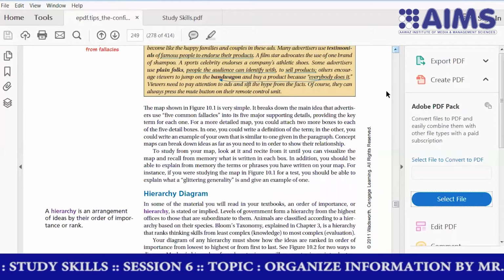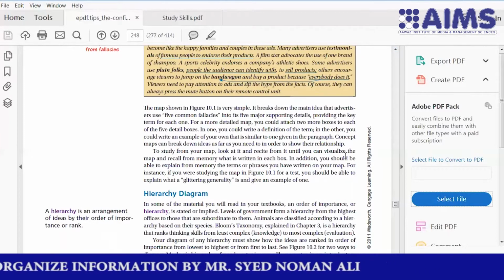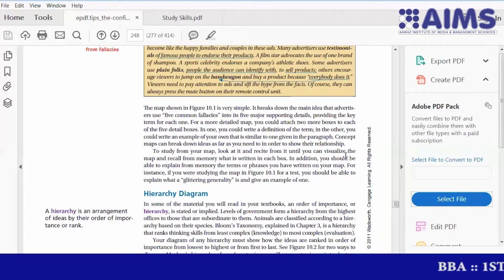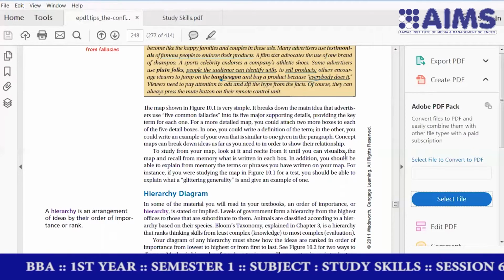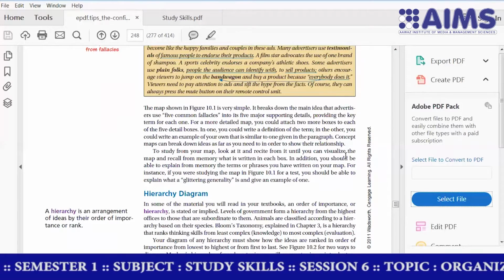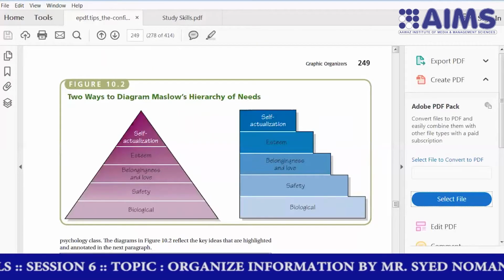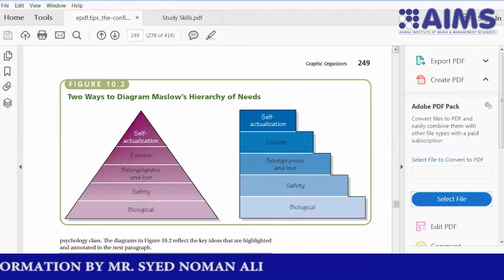There's another way. The second one is the hierarchy diagram. Hierarchy is an arrangement of ideas from bottom to top and top to bottom, from the top order to lower order and lower order to the bottom. And there is a step toward it. Like in Maslow's hierarchy of needs theory, there are some needs.